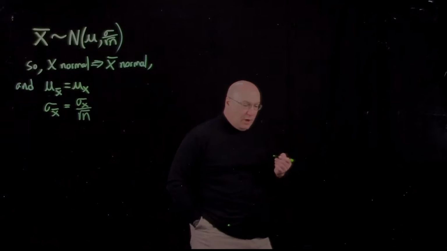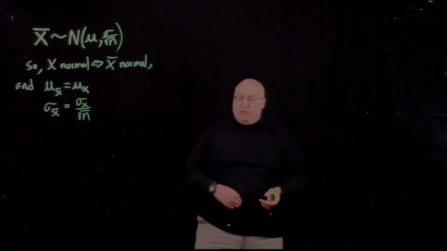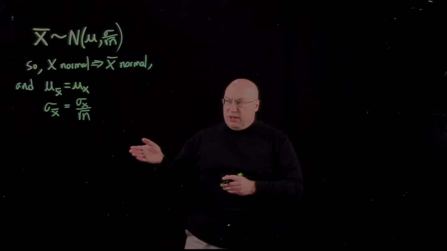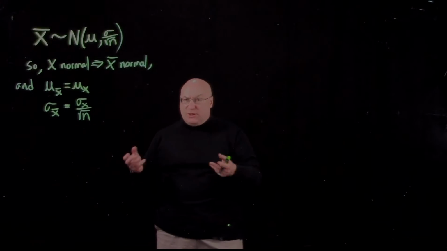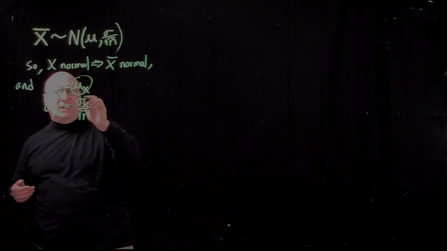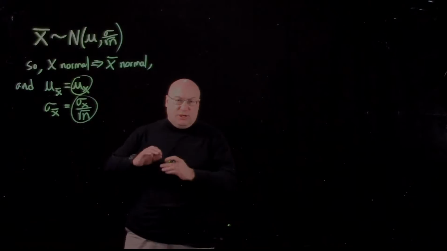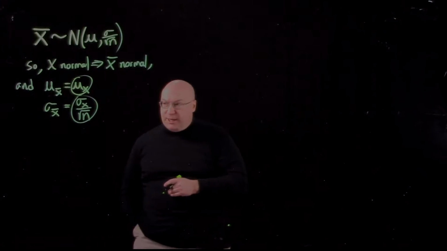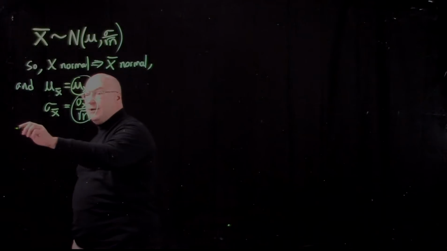And so the point was that if you had to do any kind of problem that involved probabilities of x bar, you want to convert to z-scores, so you can use the z-table, and you convert to z-scores by using the original mean, but the standard deviation, you use a new one where you got the old one divided by the square root of n. And that's what we were doing last couple lectures.